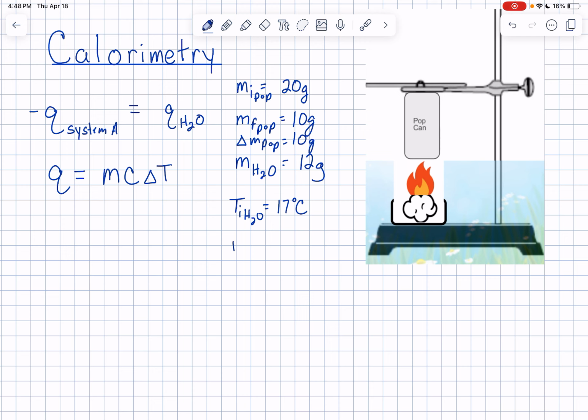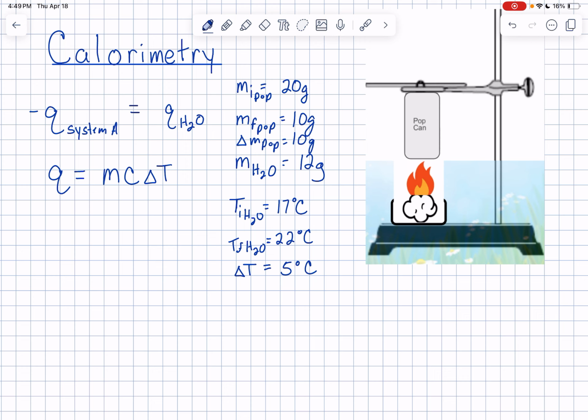And then I'm going to have my final temperature. And again, while these numbers might be a little ridiculous, we're going to just try to keep things easy and let's do 22 degrees Celsius, because then that means that my change in temperature is going to be 5 degrees Celsius.